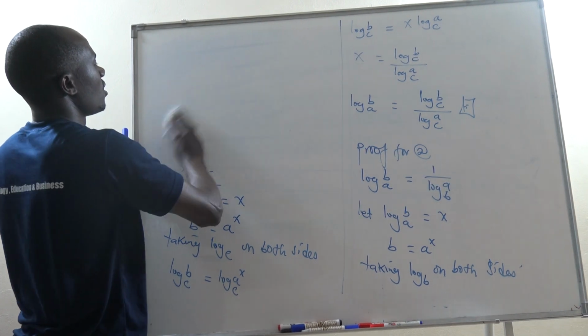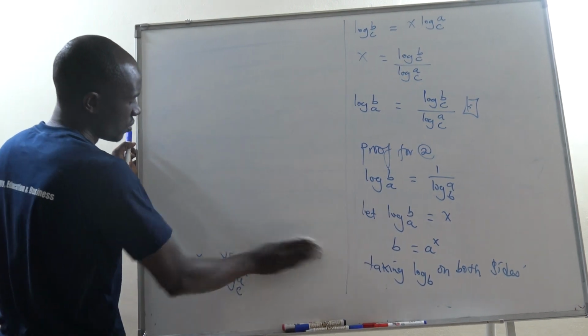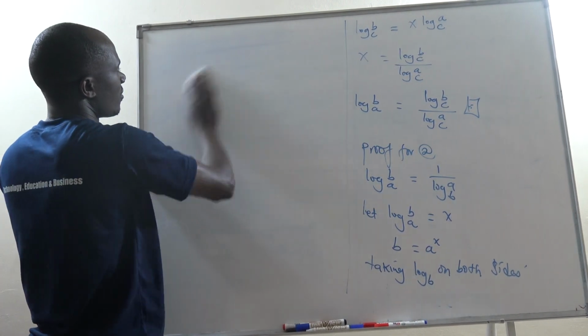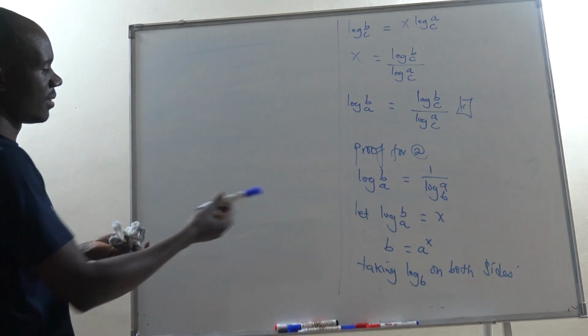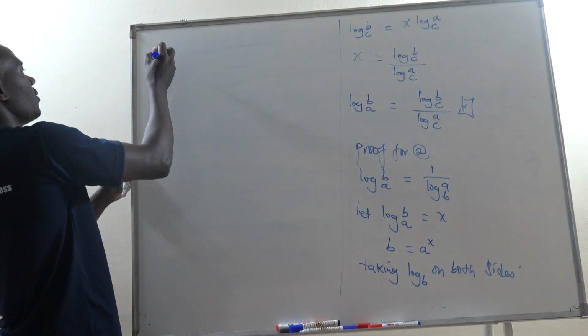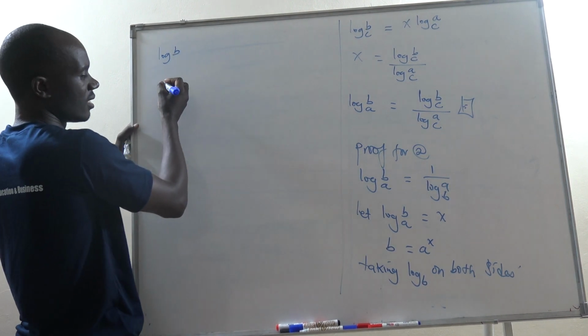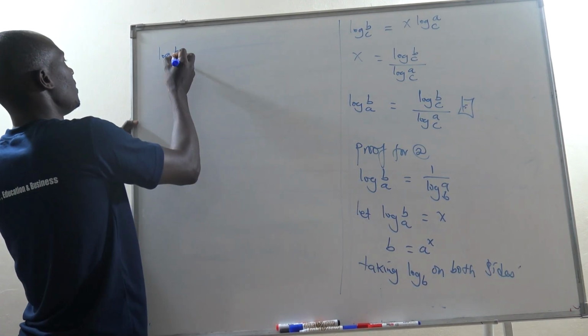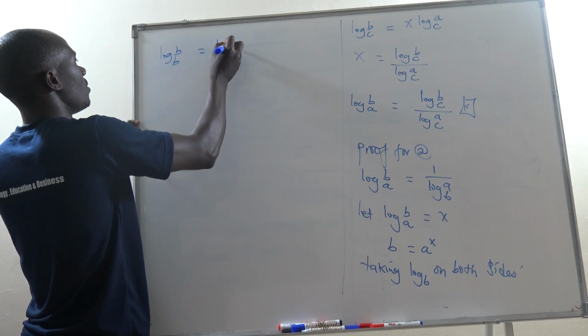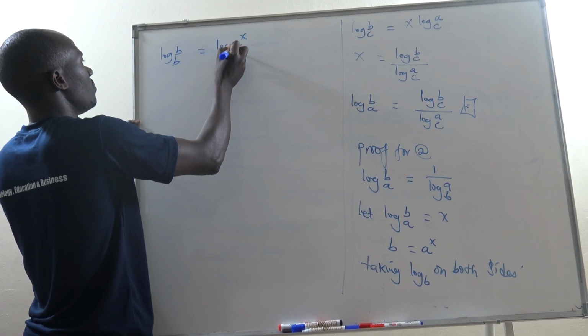Then we see what will come out in this case. So after taking, what happens? We are substituting here. We are going to have log of b to base b equals log of a power x base b.